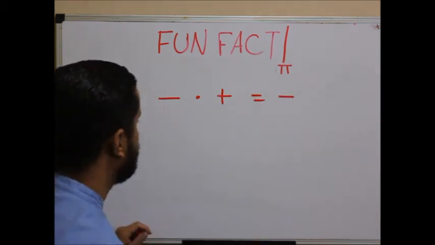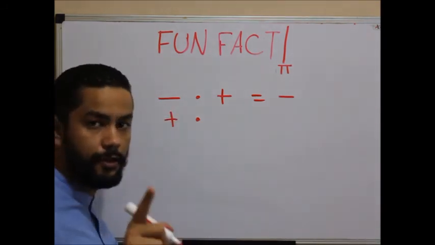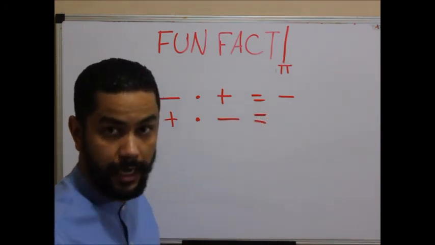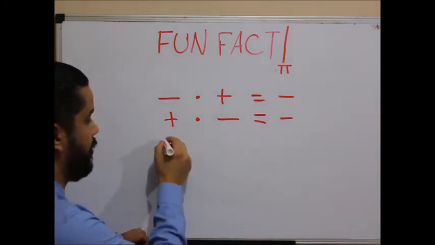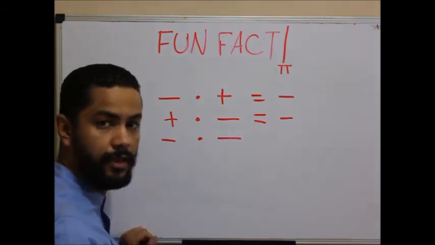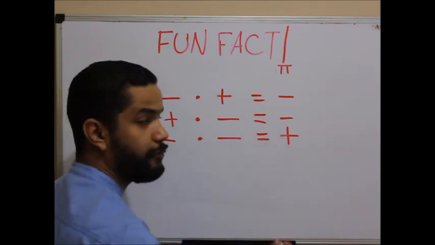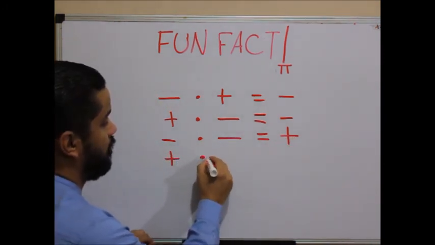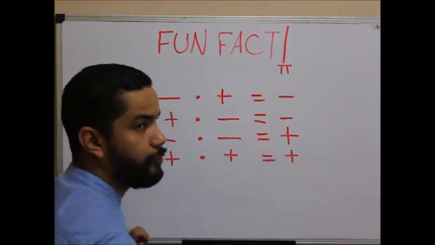Now let's see. The friend of your enemy will be what? Your enemy. Now, the enemy of your enemy will be, of course, your friend. And the last one, the friend of your friend will be your friend.